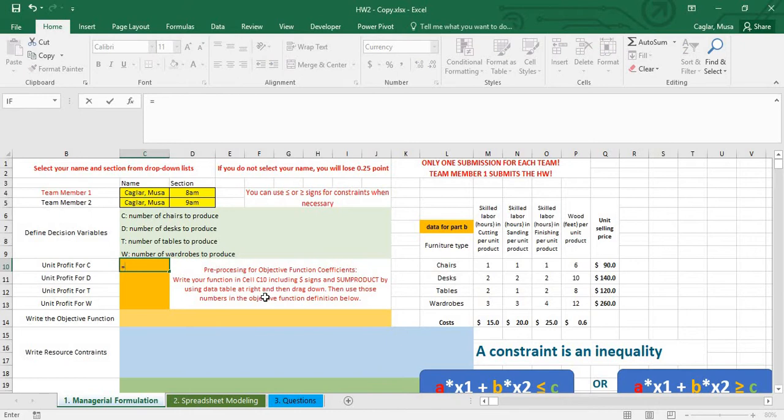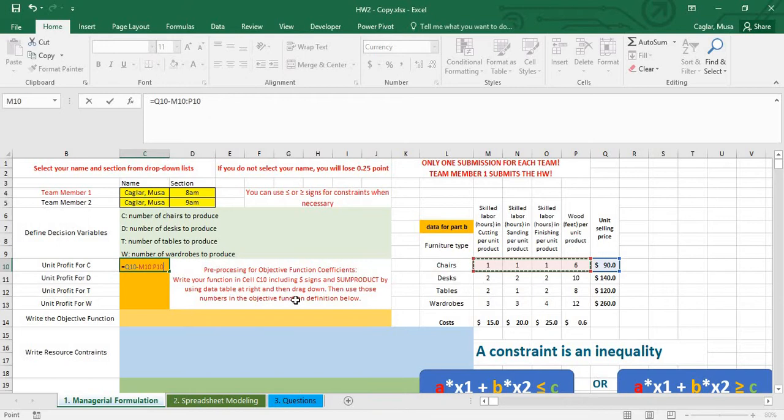For the unit profit of chairs, I'm gonna use its selling price minus the resource requirement for chairs. Those are the numbers for cutting, sanding, finishing, and wood, and those are the resource requirements.